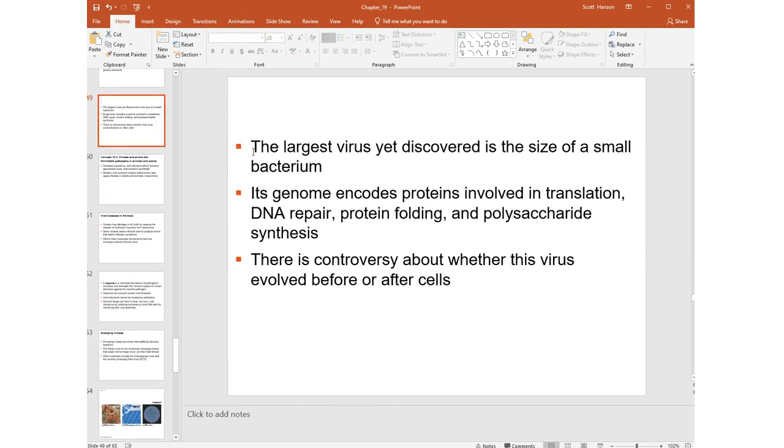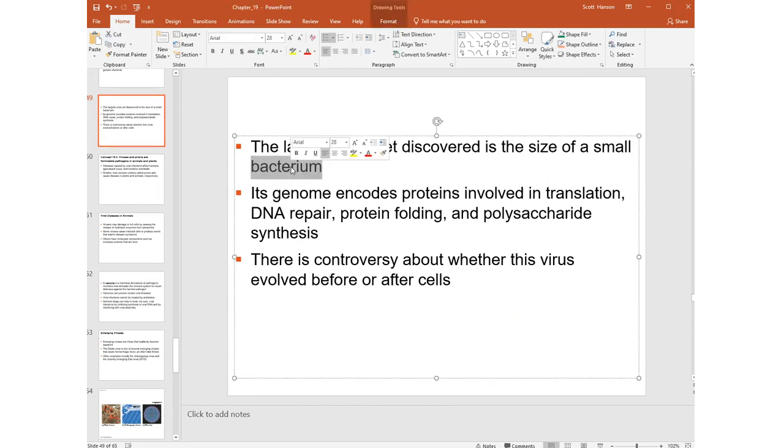The largest virus yet is the size of a small bacterium, and it's got genes that encode proteins involved in translation, DNA repair, protein folding, and even polysaccharide synthesis. So there's controversy about whether this virus evolved either before or after cells, even.